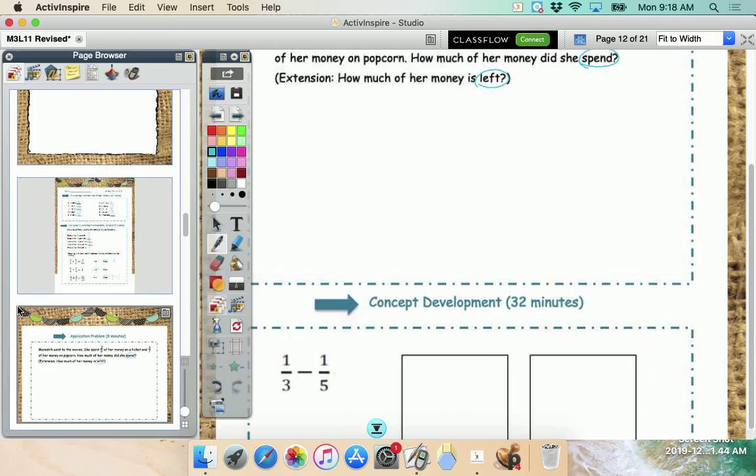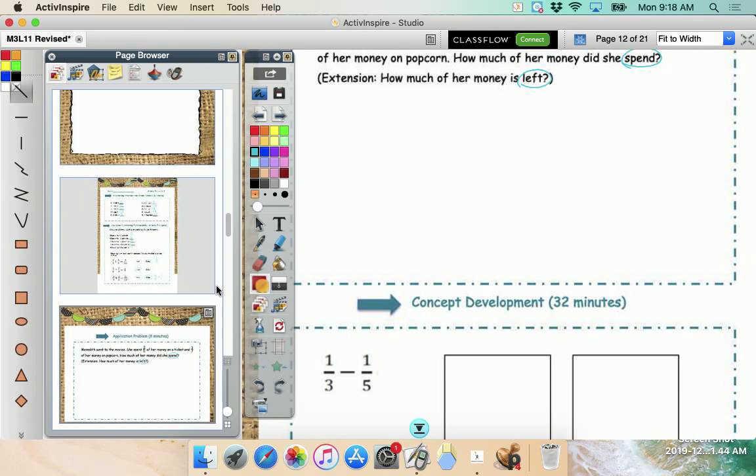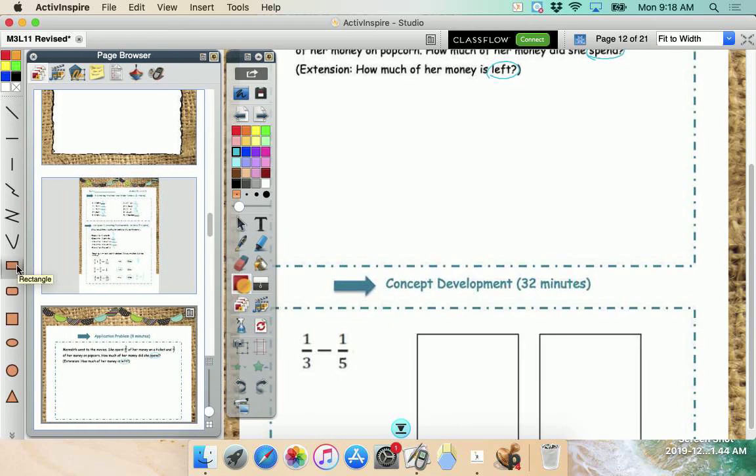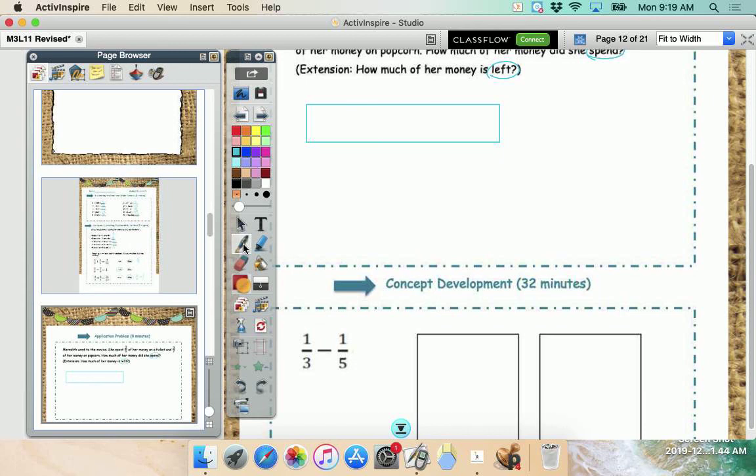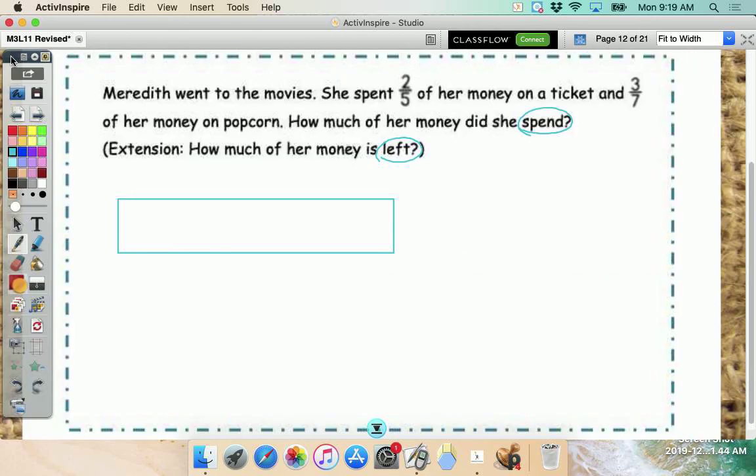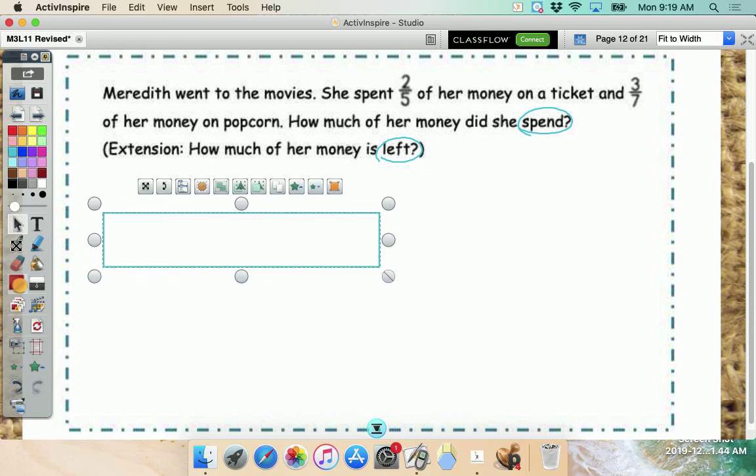Okay? So the tape diagram, I'm going to get fancy here. Go ahead and write it down. And how many parts does the tape diagram need?